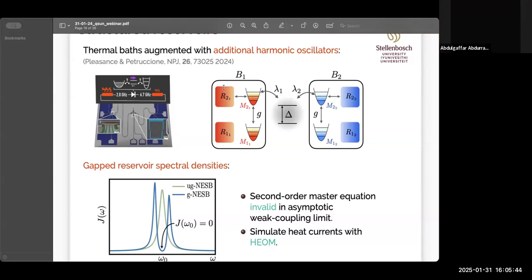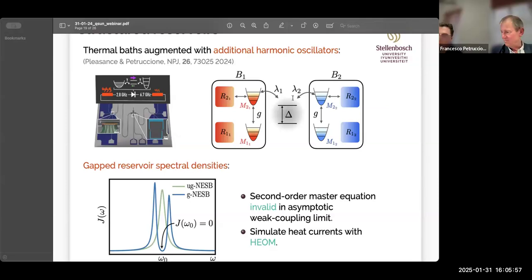And then the systems in between, lambda 1 and lambda 2, are quantum systems. So each of these interacts with both bath 1 and bath 2 at the same time? Yeah.